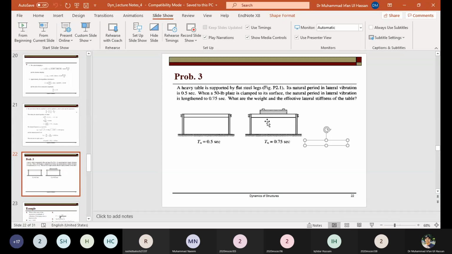When the 50 pound is added in the second case, then the time period increases. So the mass is changed, and by equating the equations, both time periods are given, mass is unknown, and you can then determine the value of the stiffness also for the table. For two equations you have to make and then try to solve this problem. I will also send the solution of this problem, because there are two equations formed and you have to solve the problem.